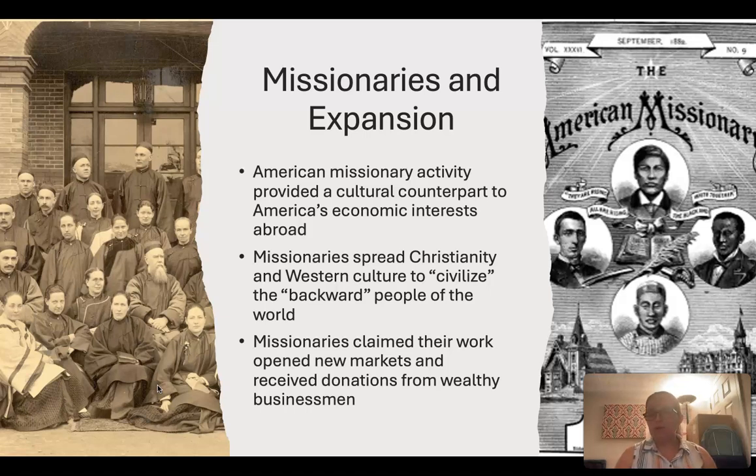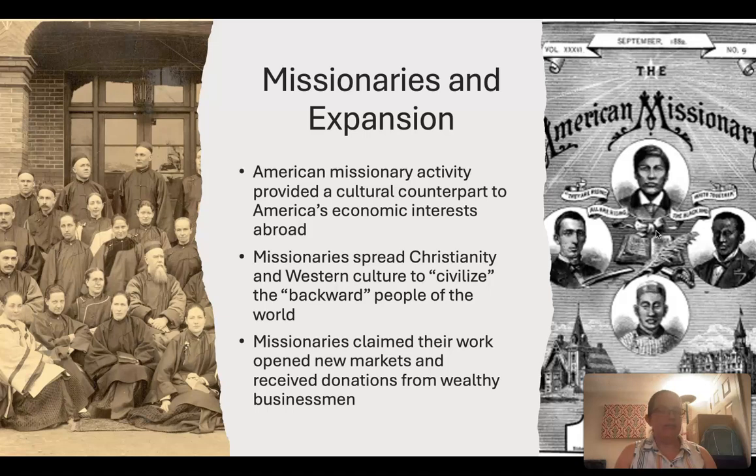It's a little hard to read, but the banner below in the middle of the picture says, "They are rising, all are rising, the black and white together." So I think this really depicts this belief among missionaries that their project of converting people around the world would benefit both Americans, but also the foreigners themselves.